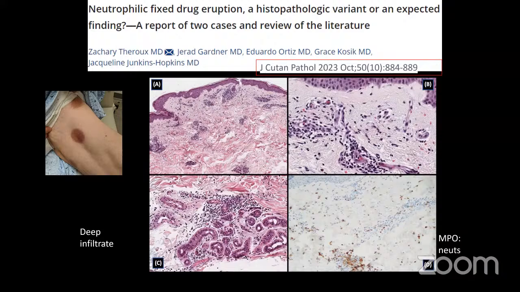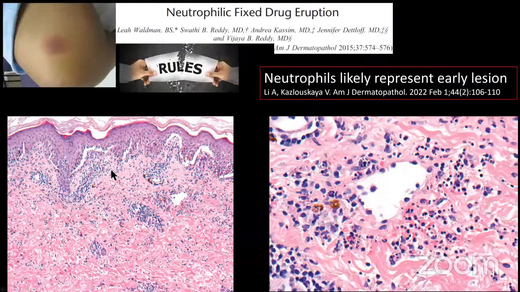Now, sometimes it can actually have a lot of neutrophils. So here's your classic older lesion. Probably it's had another hit recently because it's a little bit pink in addition to being brown. And this is a myeloperoxidase stain. So sometimes you can have a lot of neutrophils in a fixed drug eruption. So it sort of breaks the rules. This is another example with a lot of neutrophils, your classic. Sometimes it looks a little bit dusky.